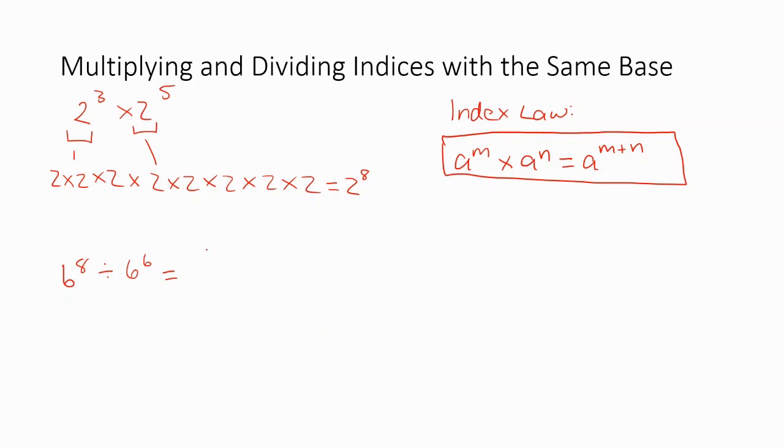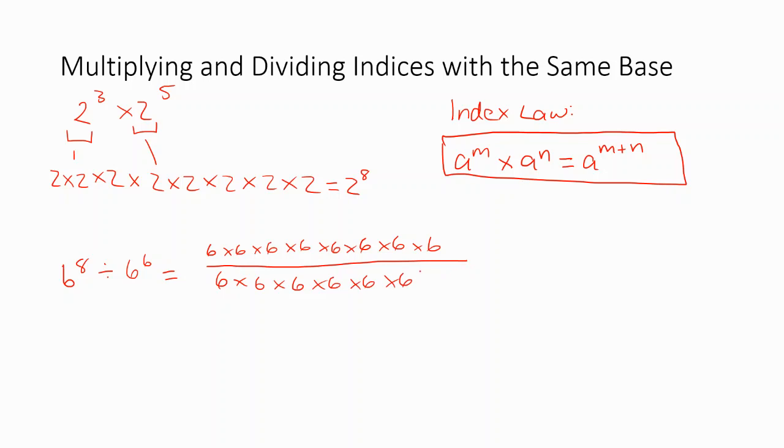So we've got up the top 6 times 6 times 6, 8 times, and then down the bottom we've got 6 times 6, 6 times. All right, and we can see that because only multiplications are occurring, we can cancel these 6's out.